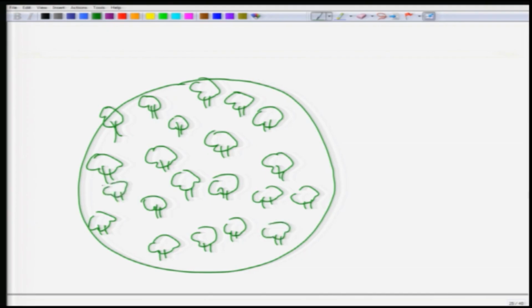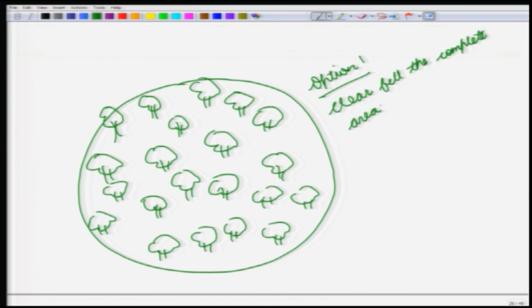Now, you have got two options. Option 1 is to clear fell this area and extract all the timber.